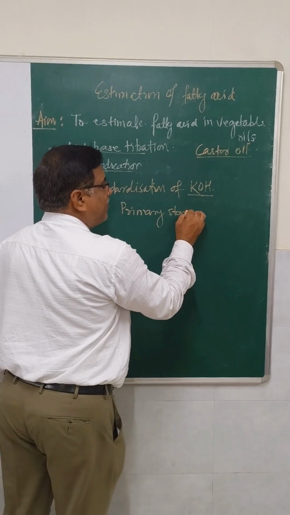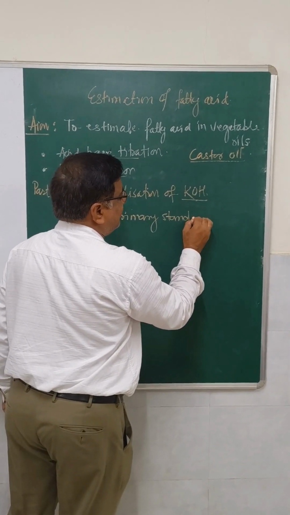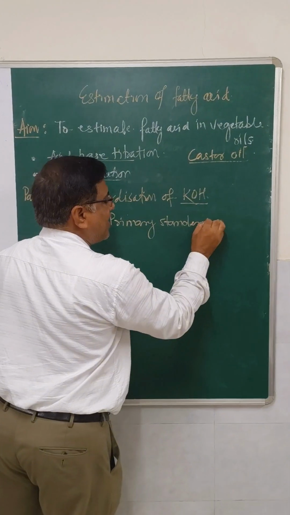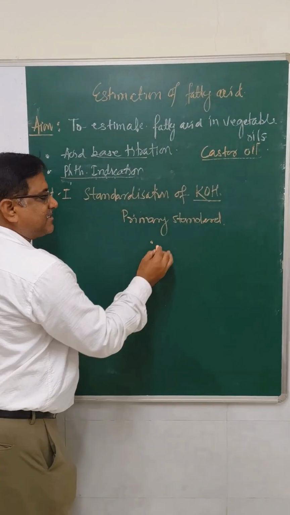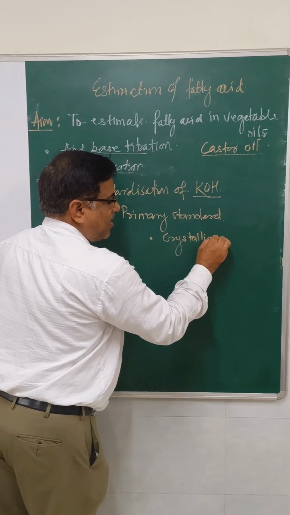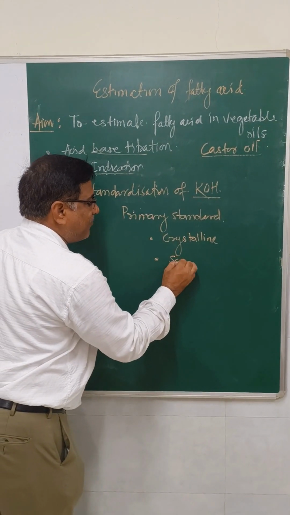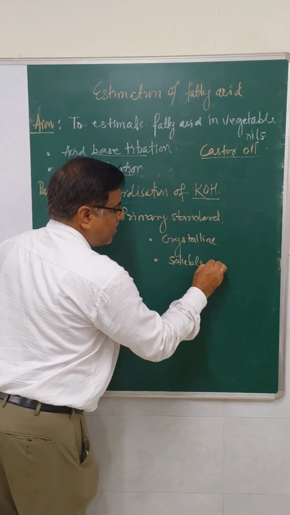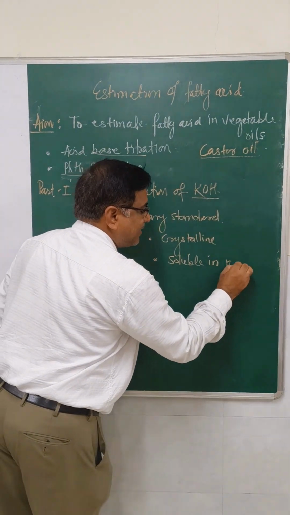In the primary standard chemical, the first is they are crystalline, they are easily soluble in solvent or in water.